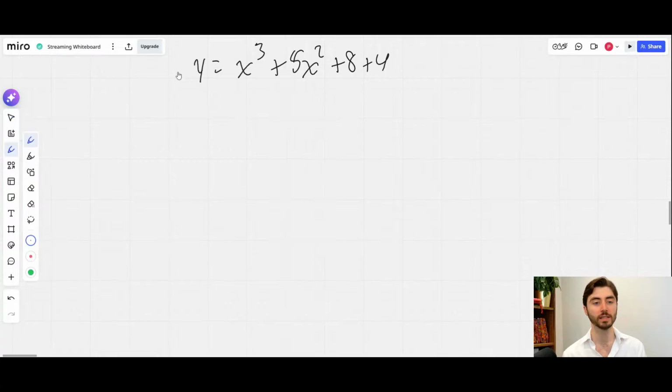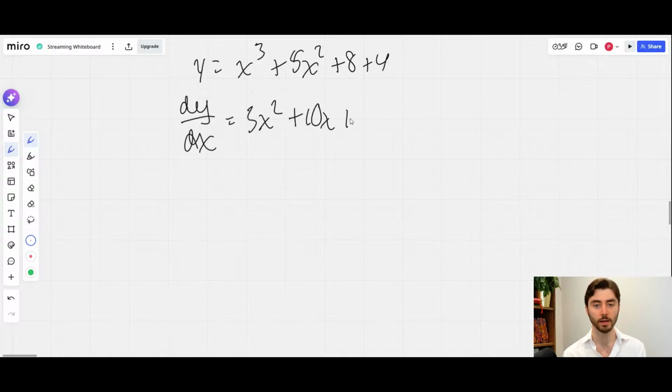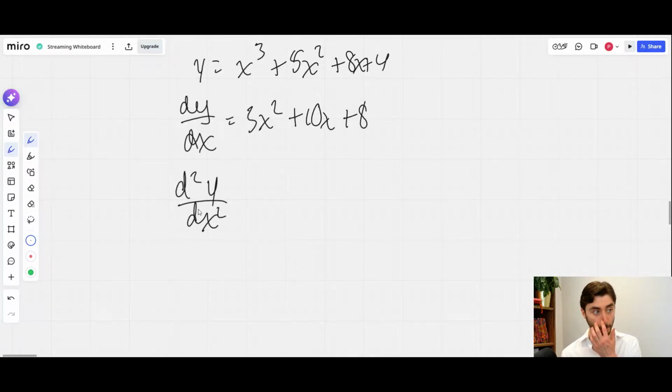So we've already seen that this is the gradient. It's how y is changing as we move through x. What we can do is differentiate that again. So we can apply this d by dx operation again. That's why the squared is on the d and the squared is over this whole dx.